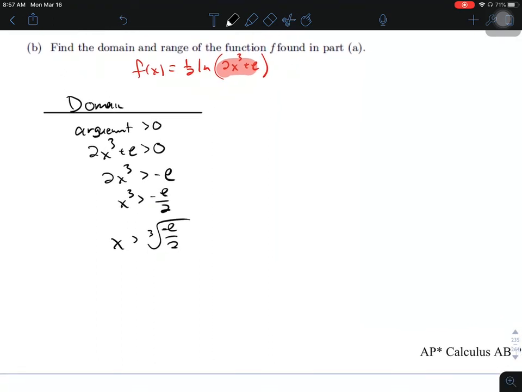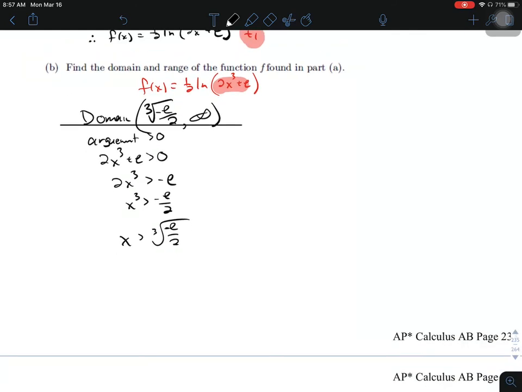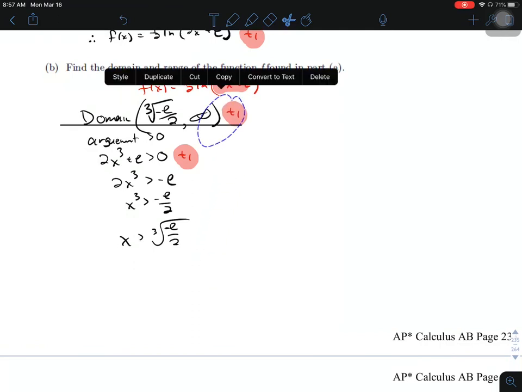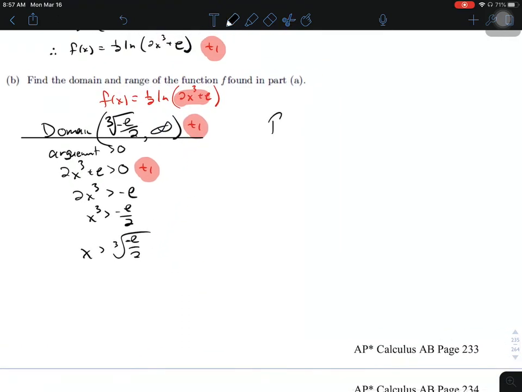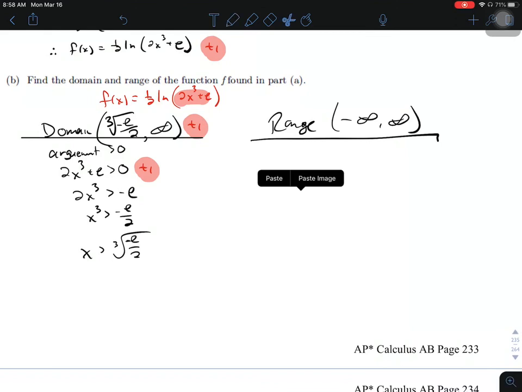So to be clear, the domain is going to go from the cubed root of negative E over 2 to infinity. You would get a point if you set the argument bigger than 0, and you get a point if you successfully found the domain. As far as the range goes, this is just going to go from negative infinity to infinity. You get a point if you say that.